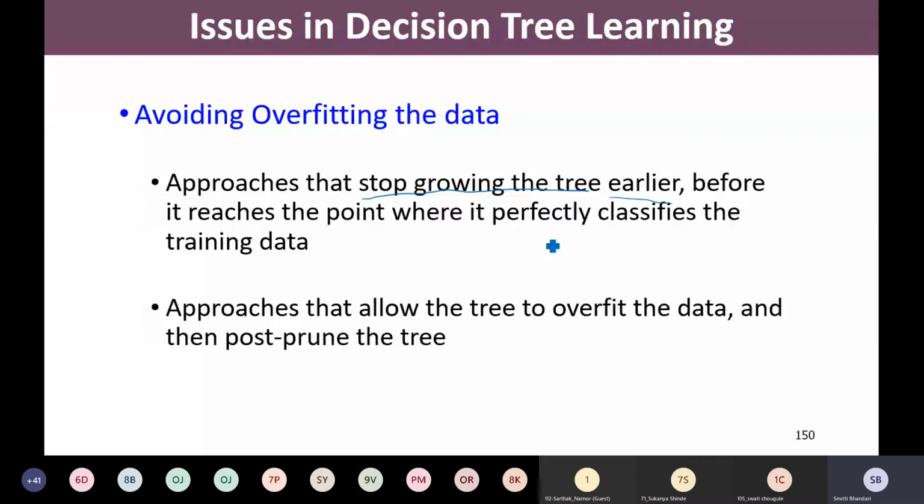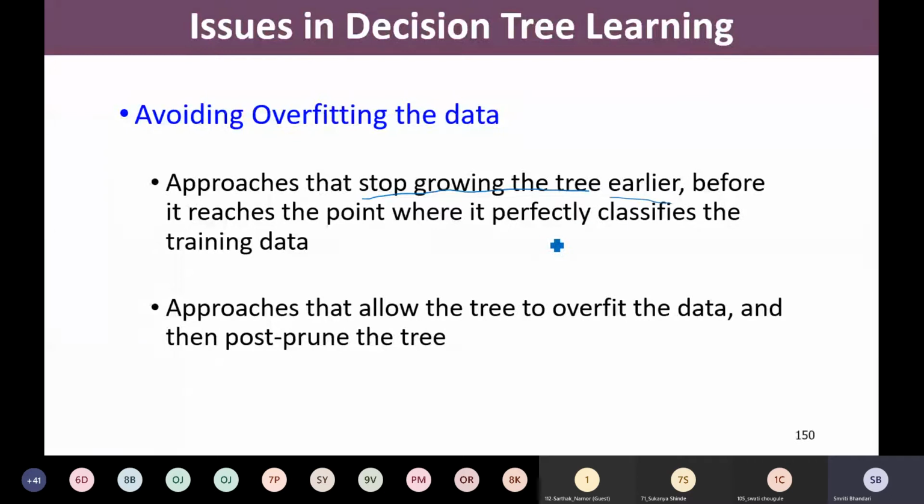So we try to make use of more and more attributes in our data set until we reach the stopping criteria. Once we reach the stopping criteria, we say that we have built our decision tree, right? And this decision tree works well with our training data.